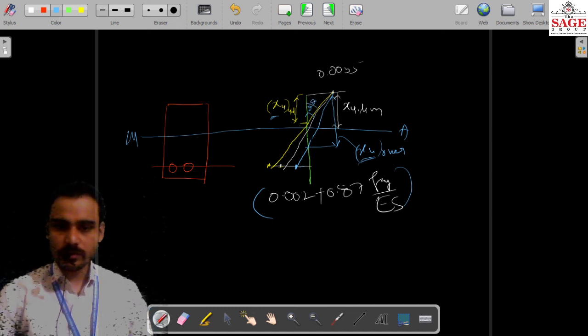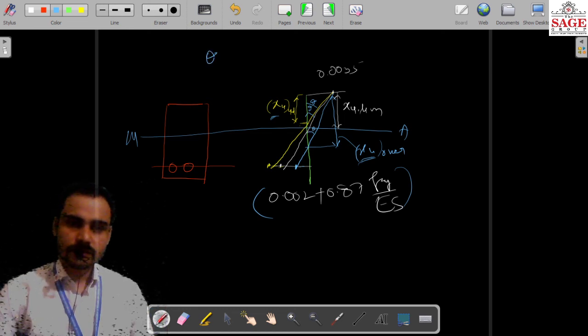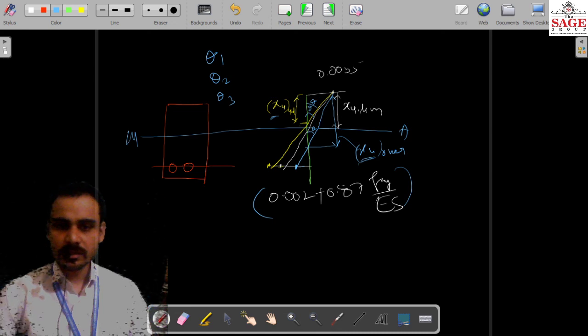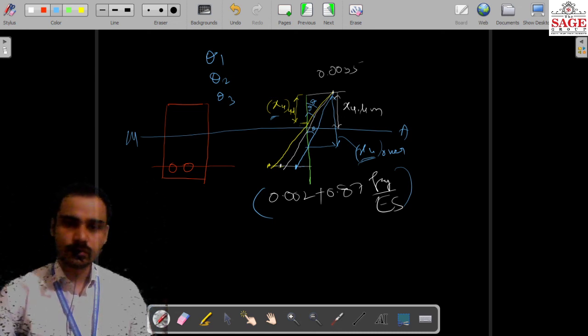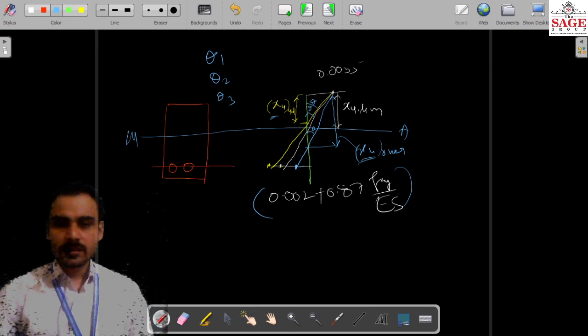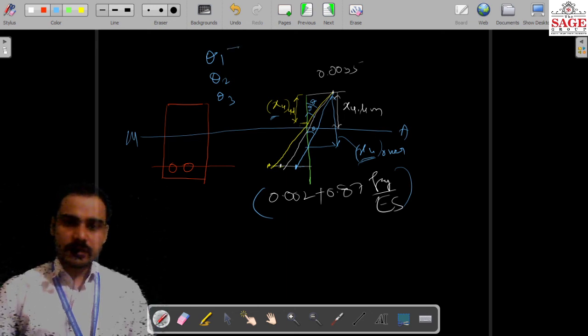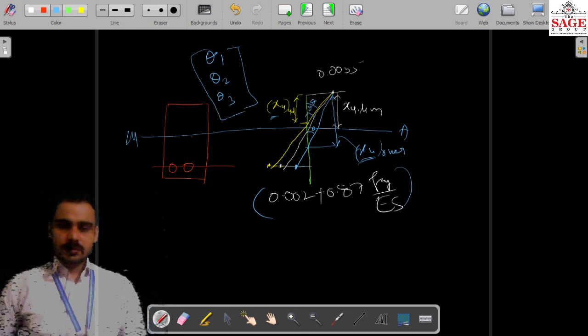And if we talk about the over reinforced section, that will be the rotation. So here, theta 1 for the balanced section, theta 2 for the under reinforced, and theta 3 for the over reinforced section. You can check here, the maximum value of angle is theta 2. And the maximum value of rotation indicates the maximum amount of deformation.